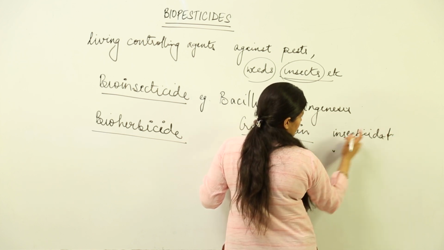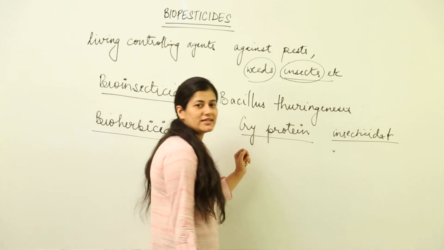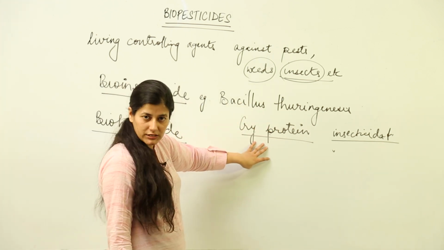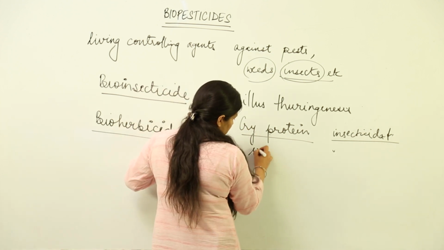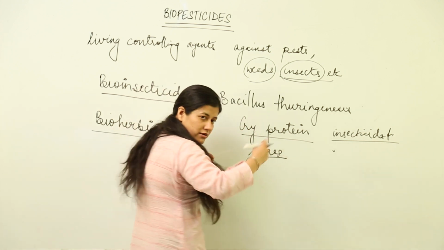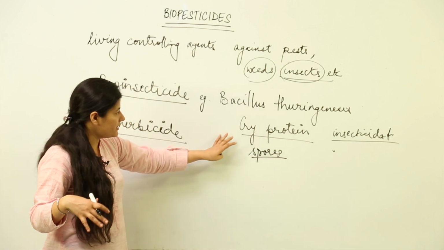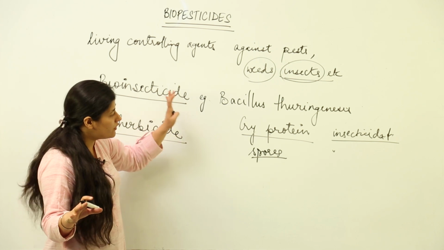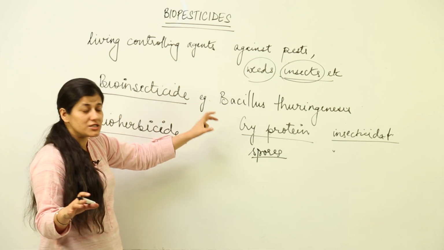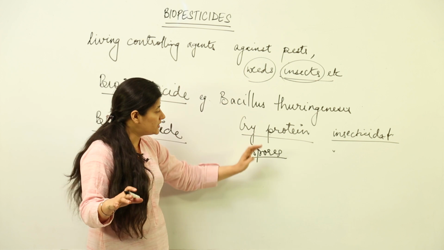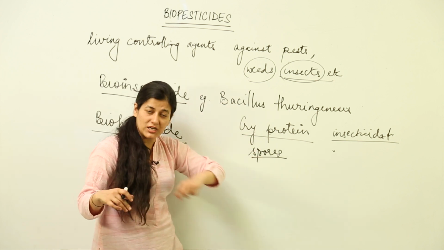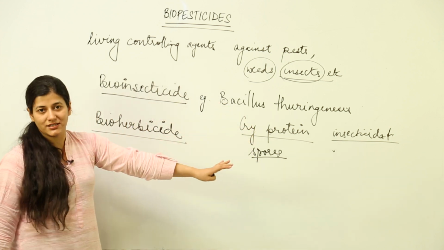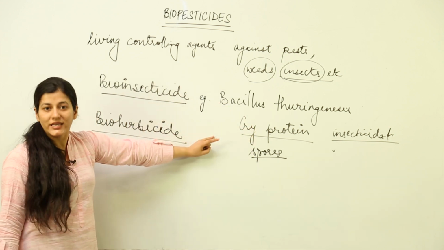It is very much effective against the Lepidopteran class of insects. So, these Cry proteins along with an inert carrier and spores of this BT are sprayed on the plants and they act as bioinsecticide. You are not using any chemical to kill the insects, rather you are using a protein produced by a living organism. It would be sprayed and you can target the given class of insects. So, this is an example of bioinsecticide.